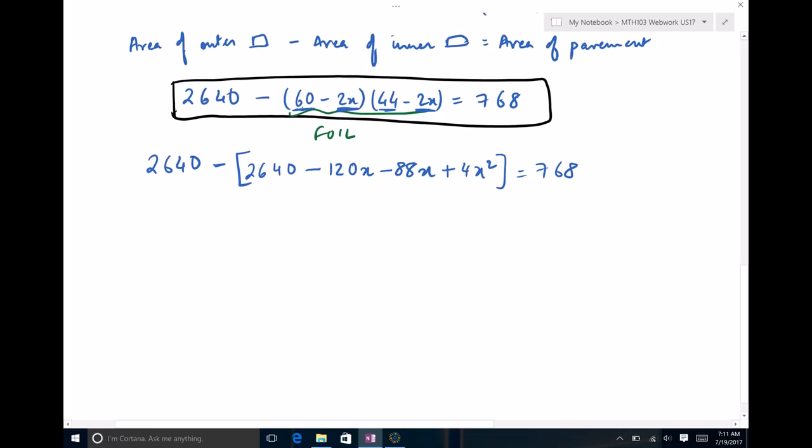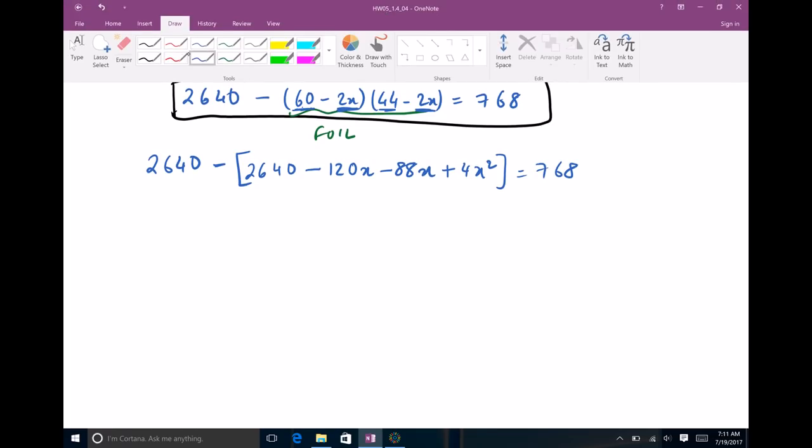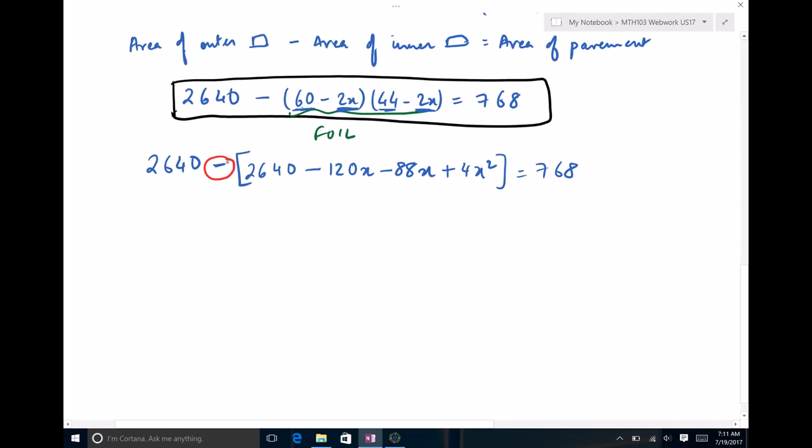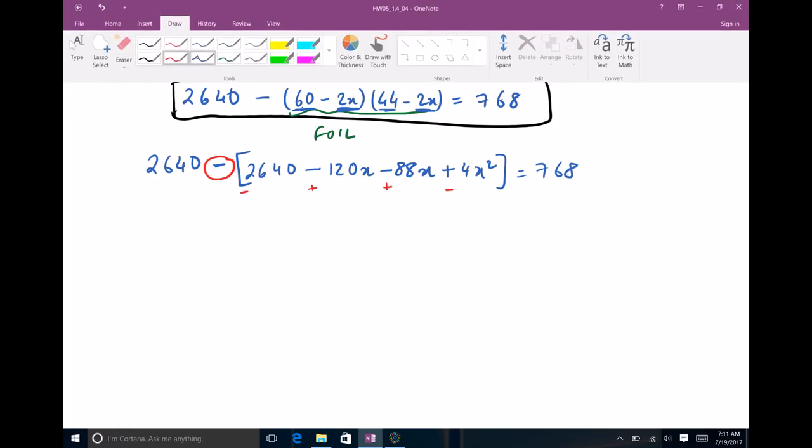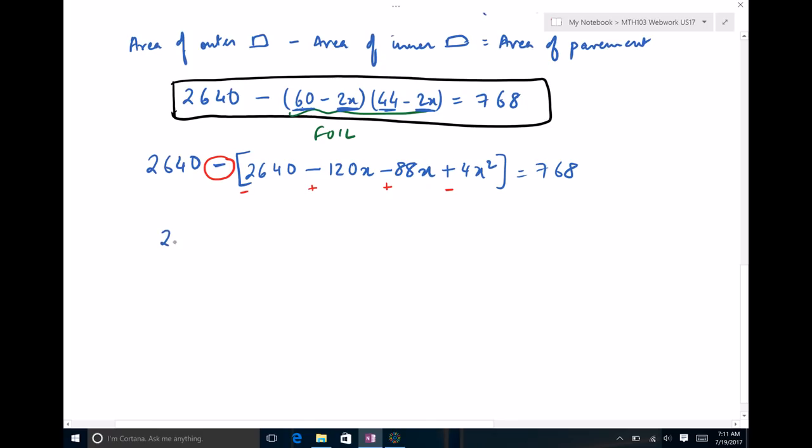Now, since I have a negative sign here, I'm going to be very careful about that negative sign as I distribute it inside. So this will have a negative sign, the negative signs inside turn to positive signs, and the positive ones turn to negative. So now my equation becomes 2640 minus 2640 plus 120x plus 88x minus 4x squared equals 768.